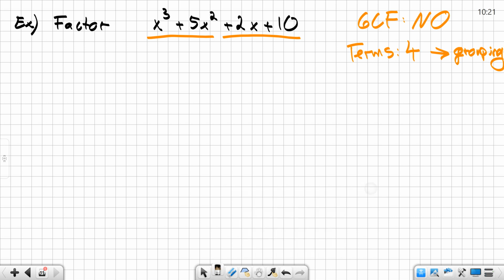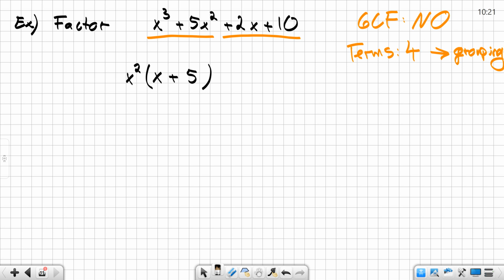So if I look at my first group, x cubed plus 5x squared, then they do have something in common. They have a common factor of x squared, which I then can pull out of each of these terms. x cubed, take x squared out, you're left with x to the first. 5x squared, take the x squared out, and you're left with the 5.